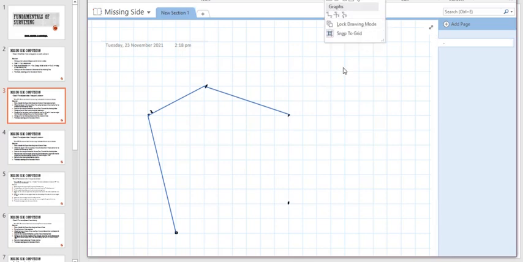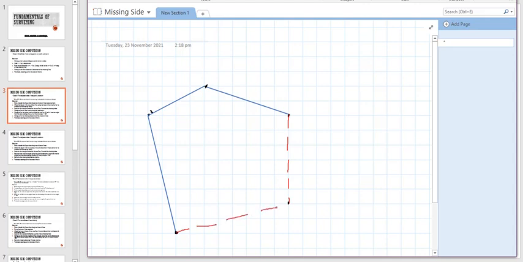Direction, kumbaga ang bearing or ang angle is missing pero given ang measurement sa mga distances. So that is case 2A.